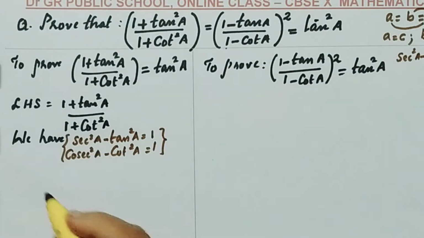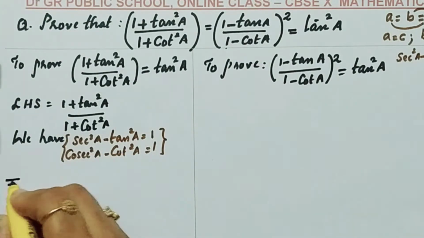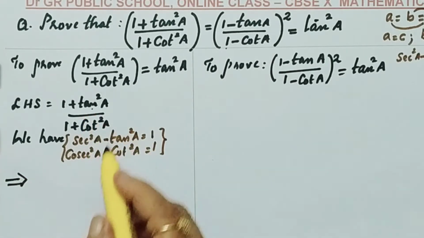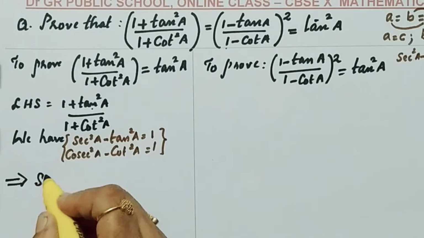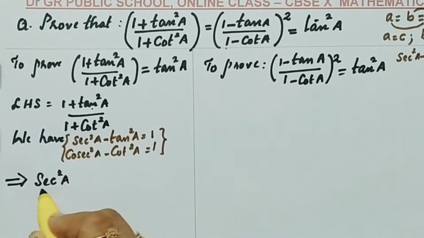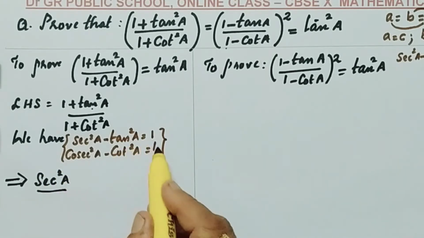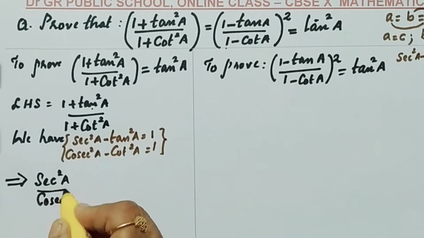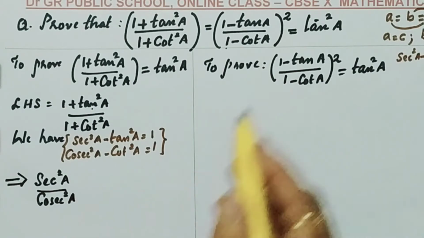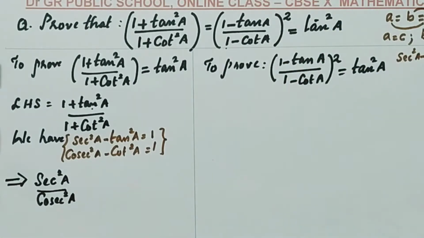What happens to the LHS now? 1 plus tan square A can be replaced with sec square A, and 1 plus cot square A can be replaced with cosec square A, by the above identity. You need to prove the RHS as tan square A, so again I need to make a conversion.